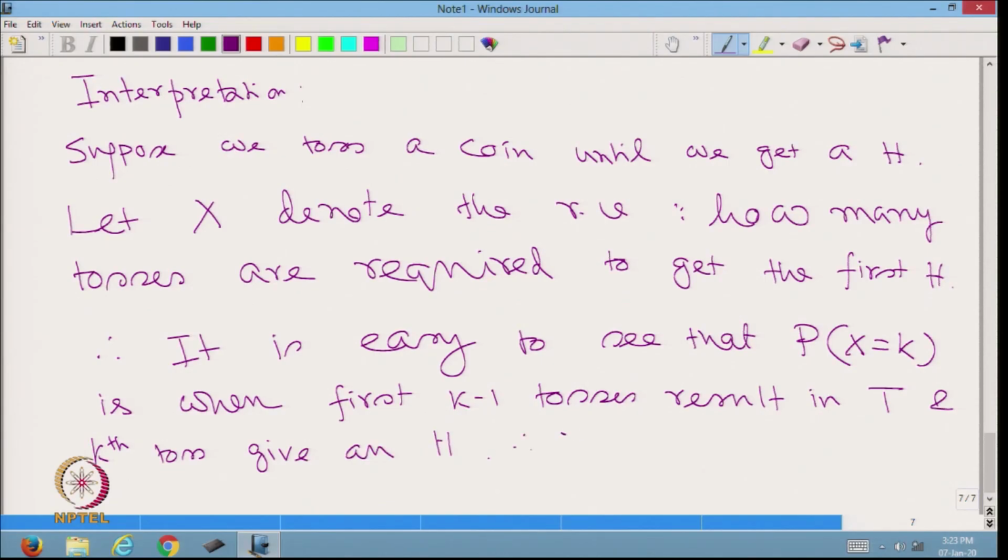Therefore, its probability is q to the power k minus 1 into p. So, that is the basic interpretation of the geometric distribution.